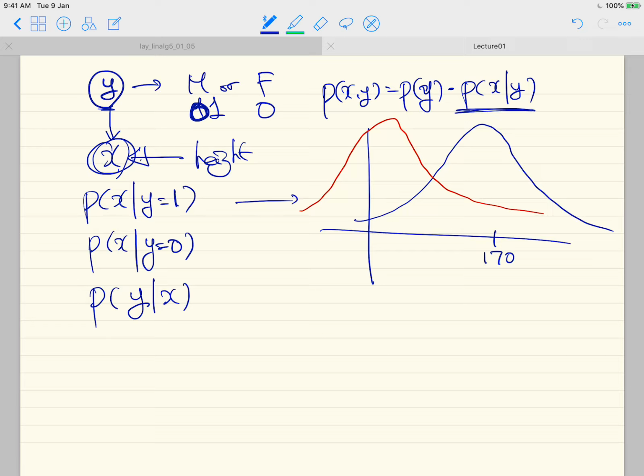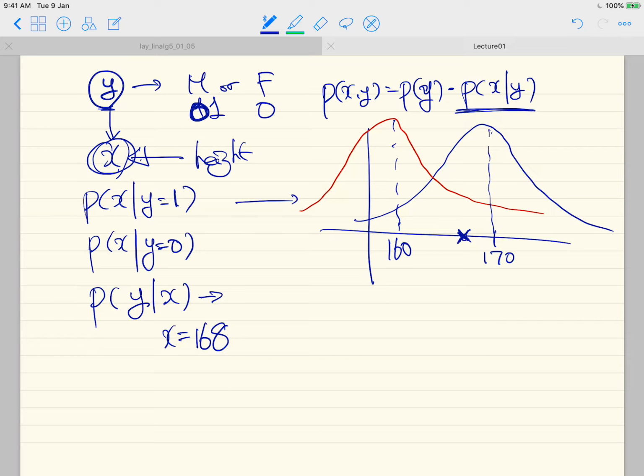So what will be the distribution of y when, for example, x is given as 168?